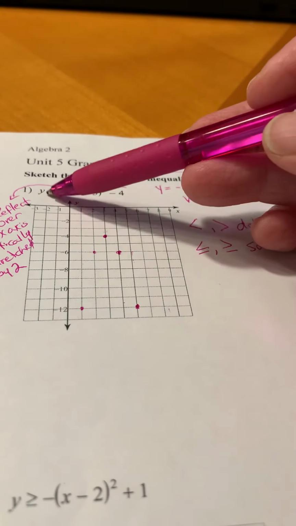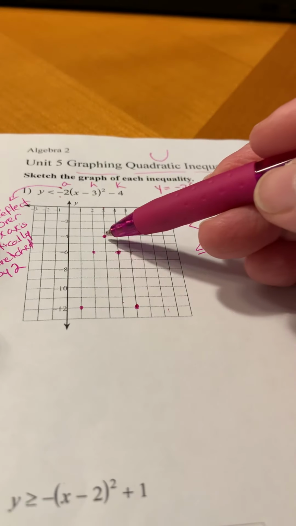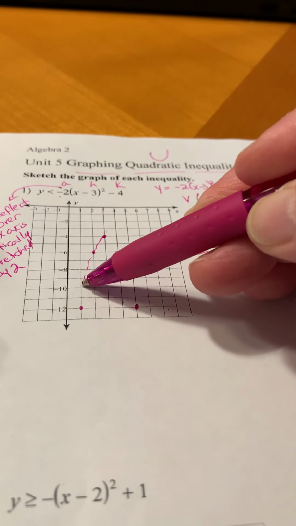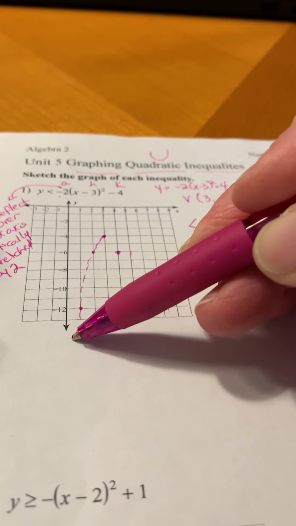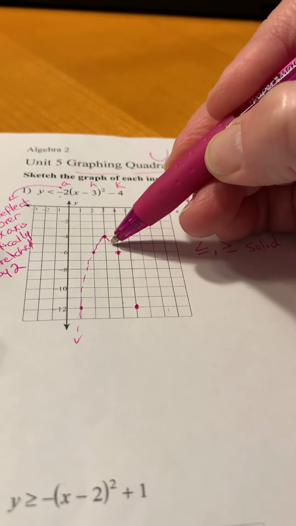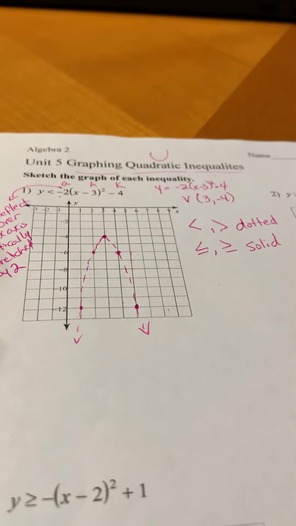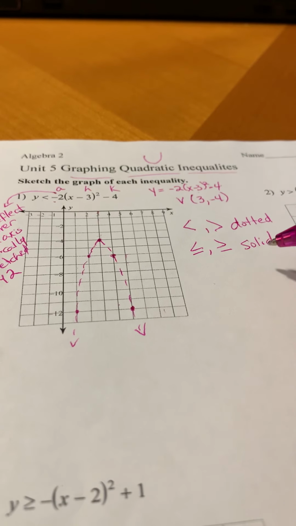Now, we don't have an equal sign, so it's going to be dotted. So we're just going to do the dots. I'm not very good at drawing these, just as long as you show that it's dotted and not solid. Now we need to see if we're going to shade above or below.